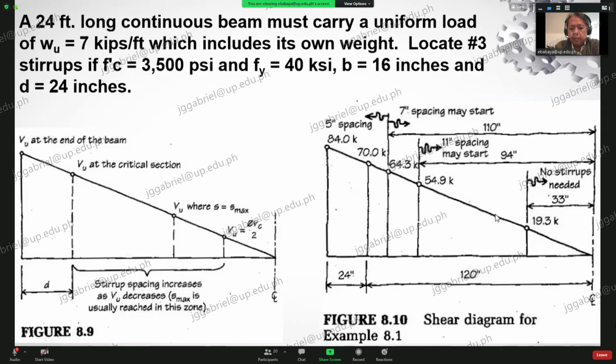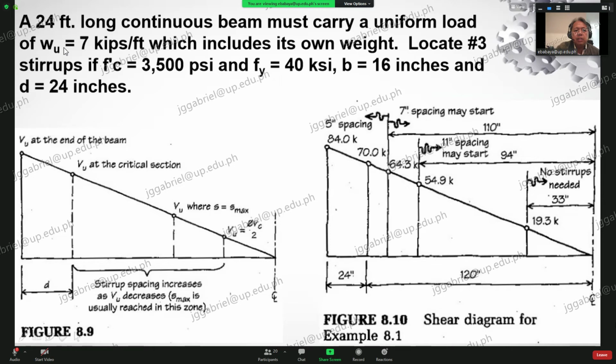Having this problem, it says here a 24 feet long continuous beam must carry a uniform load of Wu 7 kips per foot, which includes its own weight. So the self-weight is already included, this is the total.